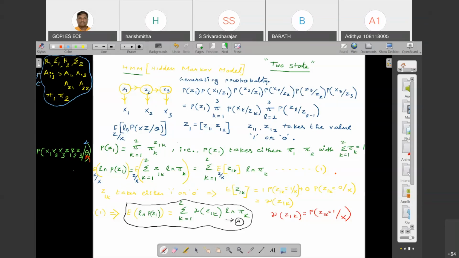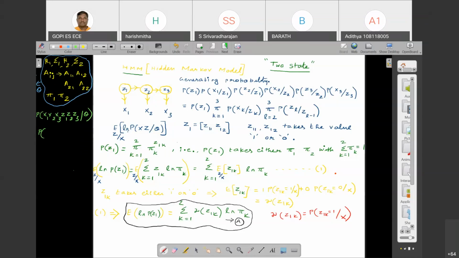Given this theta, what is this probability? This is what we call the generating probability: the probability of x1, x2, x3, z1, z2, z3 given theta. This is what we need now. So how to do that? First of all, what is the probability of z1?